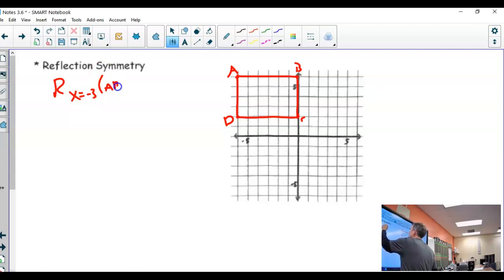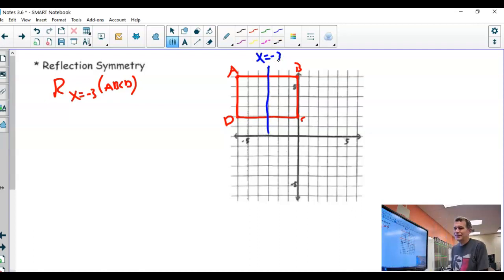In case you have forgotten, this is the line x equals -3. So what would happen if I reflected this rectangle across that line?